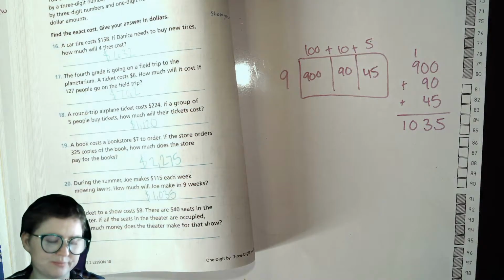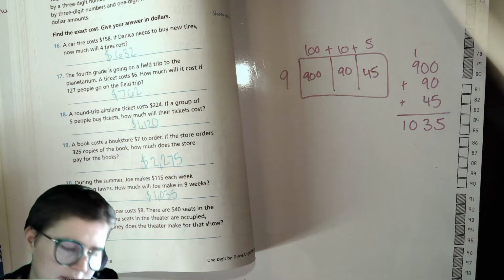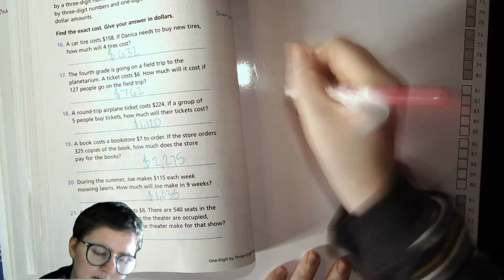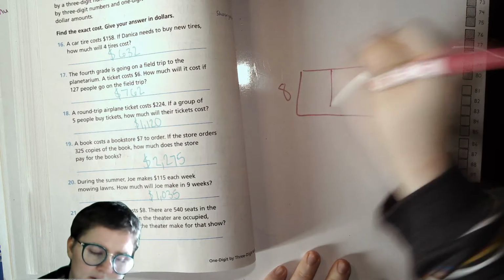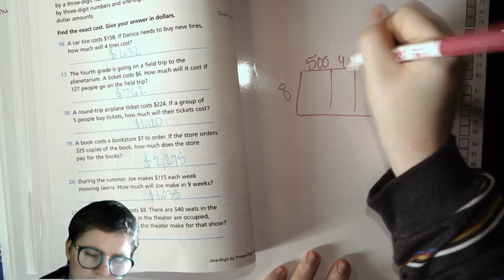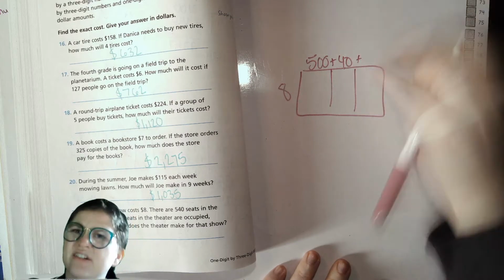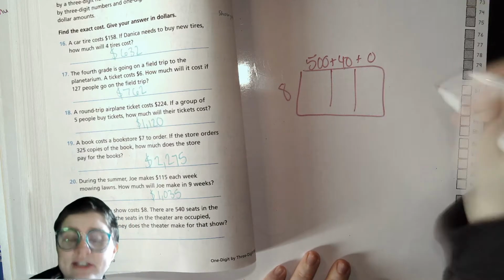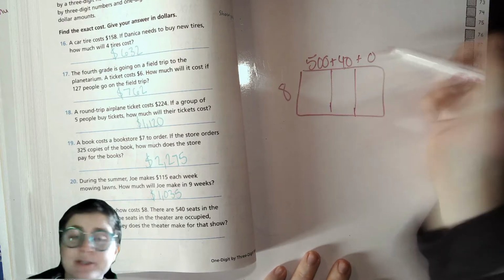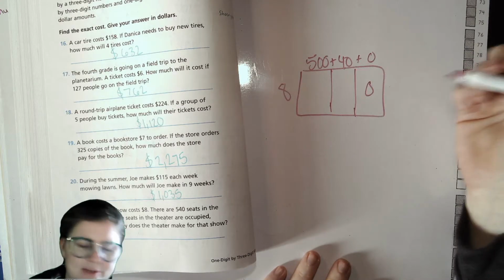Okay, last one. A ticket to a show costs $8. Oops, I almost used my wrong marker. There are 540 seats. And what goes here? 0. That's it. You could even leave it off, but it's just a good habit to set it up the same way. But 8 times 0 is 0, so you don't have to worry about that much.